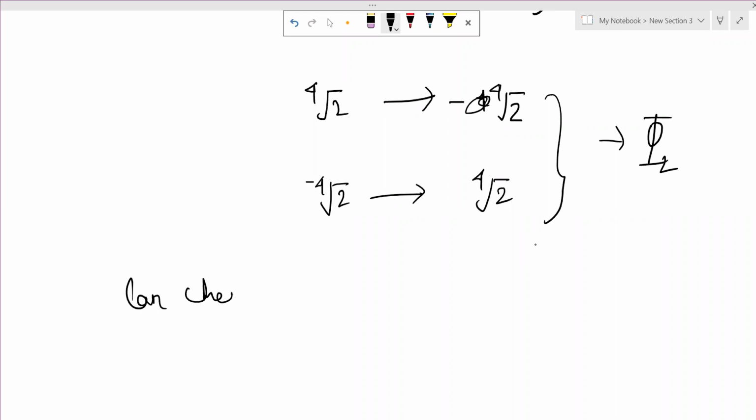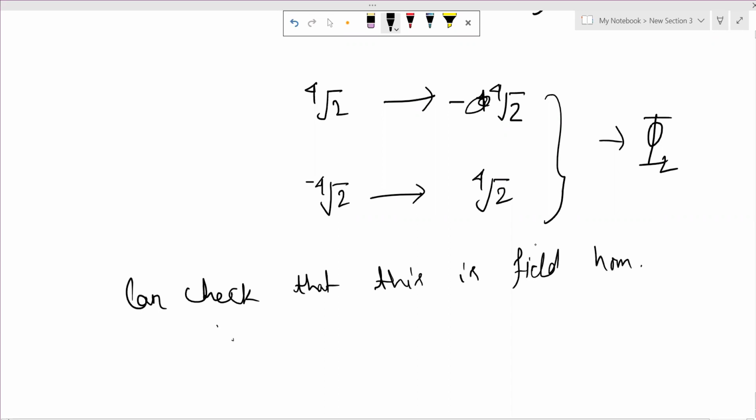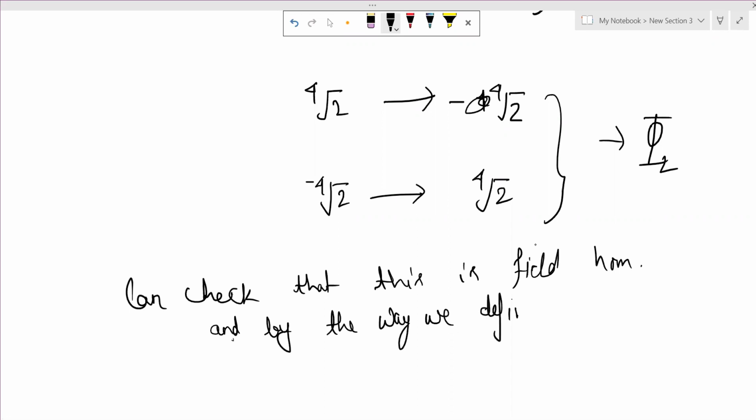Can check that this is a field homomorphism, and by the way we define, it is bijective.